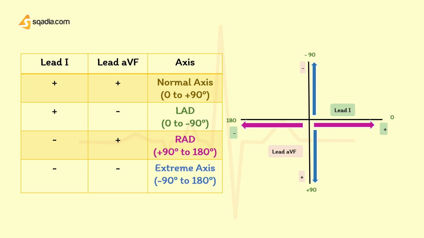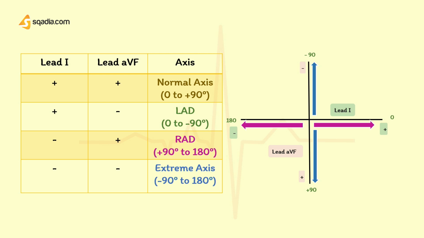Now let me go over this again, just so that it makes better sense. Now if leads 1 and AVF are both positive, this will be a normal axis between 0 to positive 90 degrees. If lead 1 is positive and lead AVF is negative, this will be between 0 to negative 90 degrees and a left axis deviation.